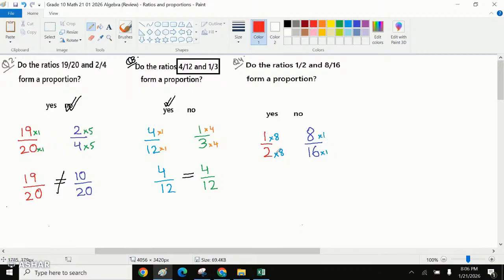So 1 multiplied by 8 is 8, 2 multiplied by 8 is 16, whereas 8 multiplied by 1 stays as 8, 16 multiplied by 1 is 16. And we can say 1 upon 2 is equal to 8 upon 16, right? Yes, they do have a proportion.